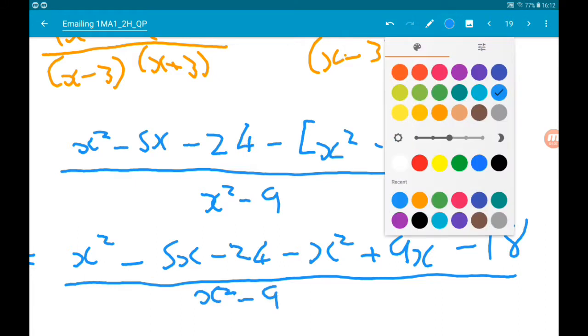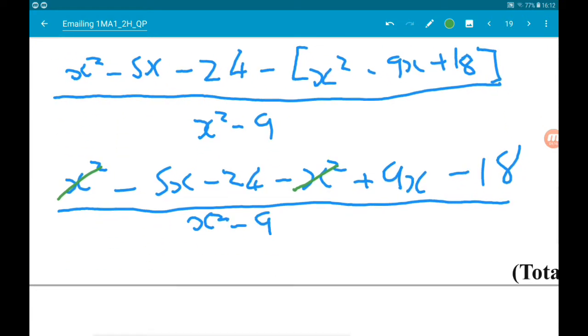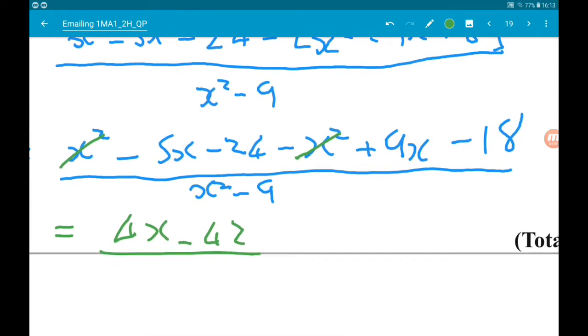Okay, so the x squared cancel, so we got x squared minus x squared, then we got minus 5x add 9x, so that's gonna give us 4x, and then we got minus 24 minus 18, so that's minus 42, all over x squared minus 9.